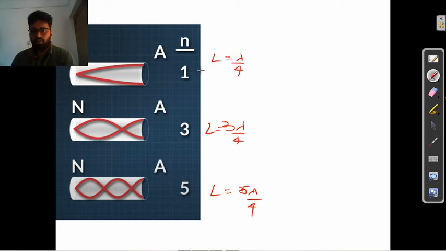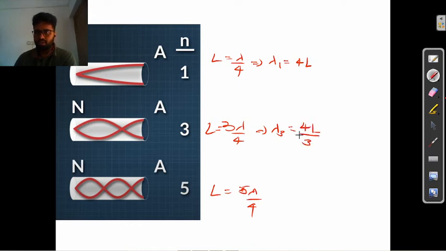So the wavelength is changing. So you can say here lambda 1 is equal to 4L. Here lambda 3 is equal to 4L by 3, and wavelength here lambda 5 is equal to 4L by 5.